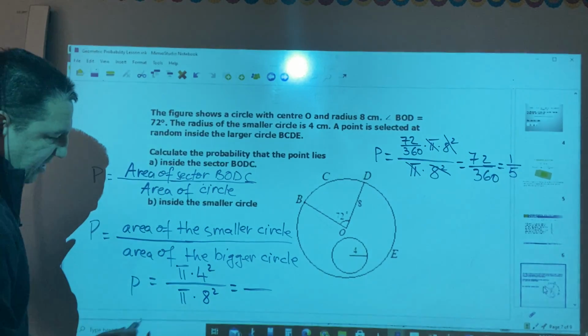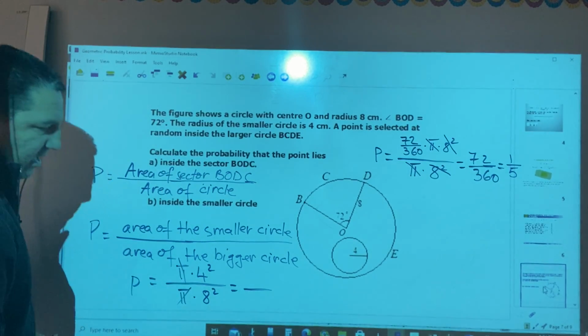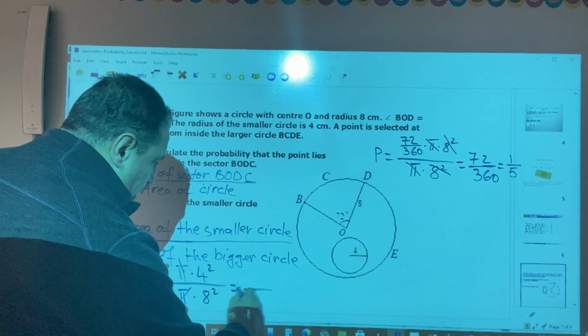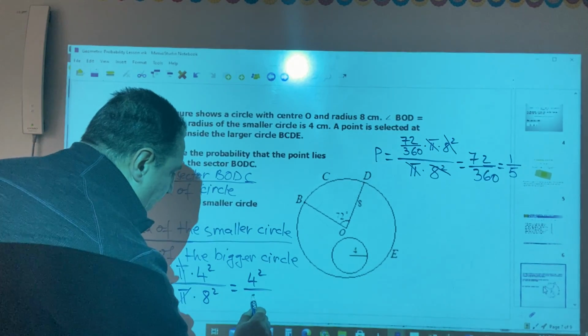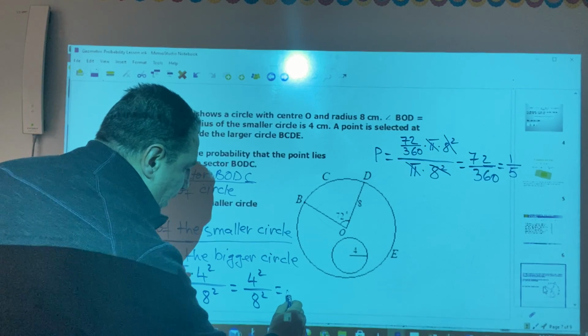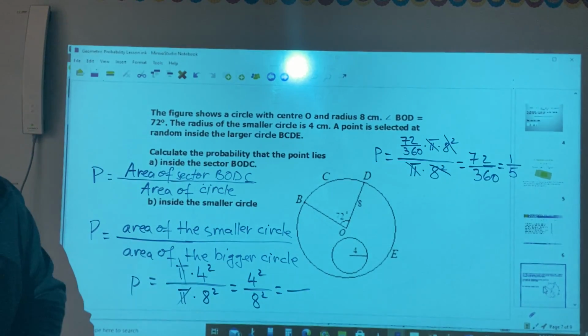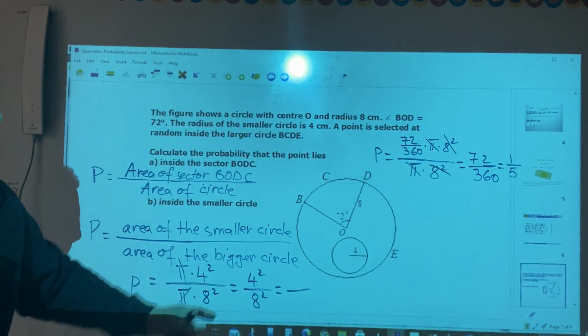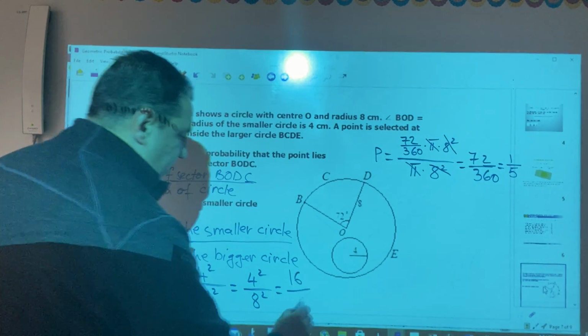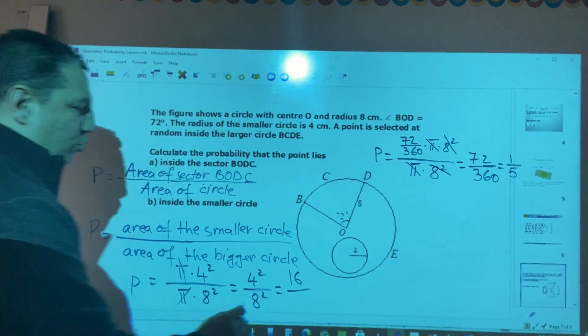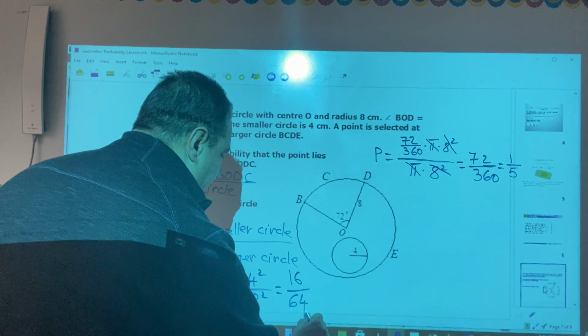Again, we can simplify pi and pi, and what's left? 4 squared on top, 8 squared in the bottom. Now, if we square 4, you get 16 on top. If we square 8, you get 64 in the bottom.